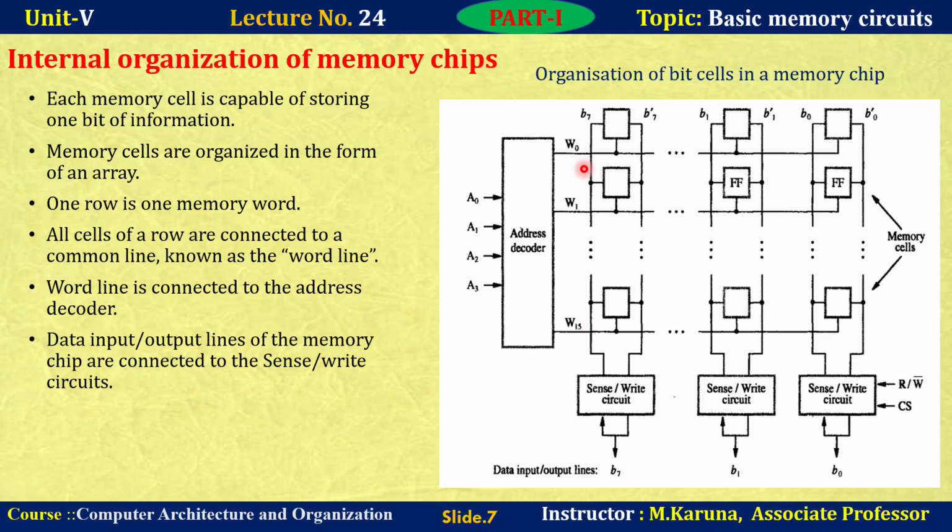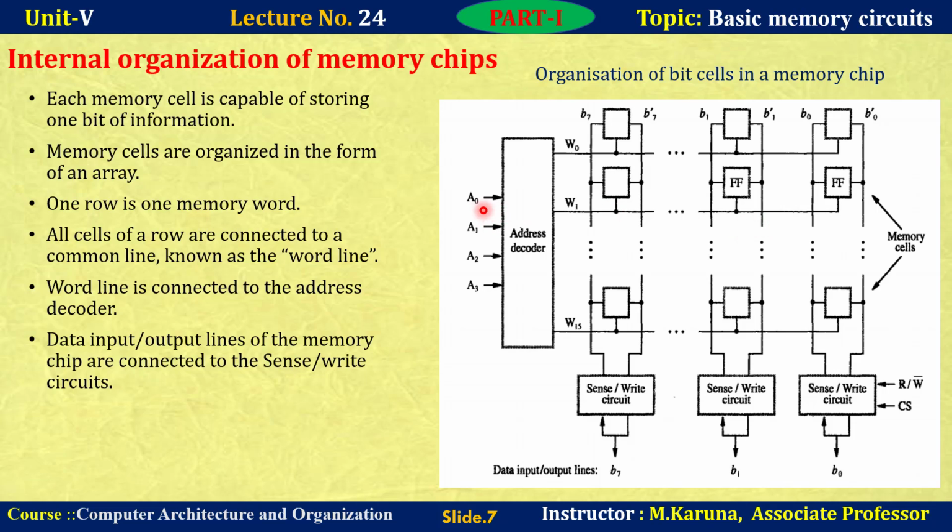To address these 16 memory locations, 4 address lines are required, that is A0 to A3. These 4 address lines are connected as input lines to the address decoder. Now the decoder will select the required memory location, that means the required data.